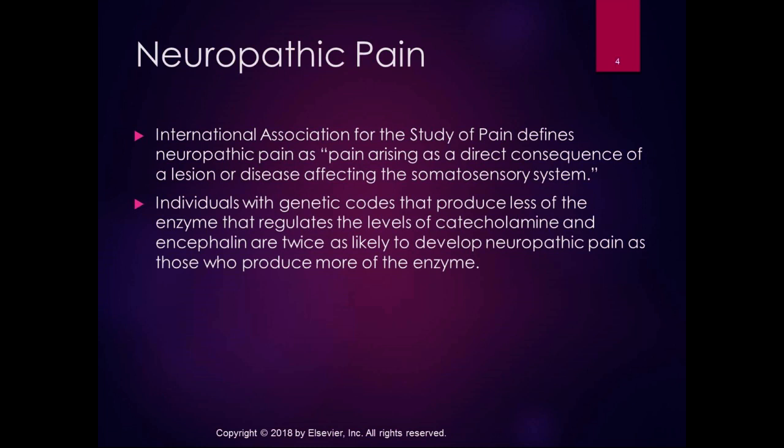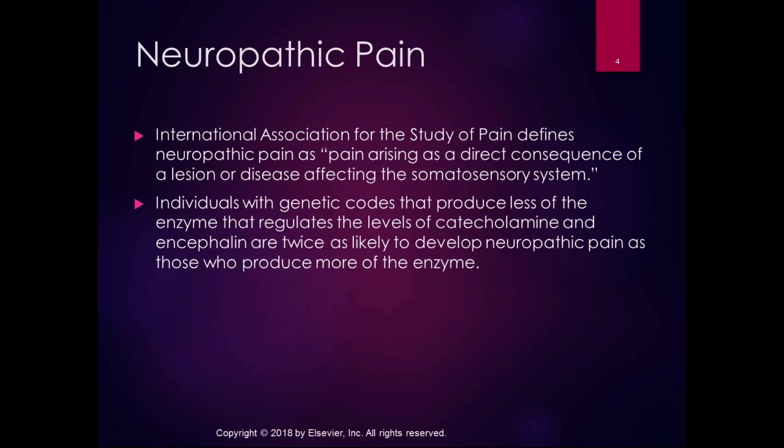There are people who have the genetic codes that produce less of enzymes that regulate the levels of catecholamines and encephalin, and those people are twice as likely to develop neuropathic pain as those who produce more of that enzyme. So you could have a genetic predisposition to neuropathic pain, which is unfortunate, but there you go.